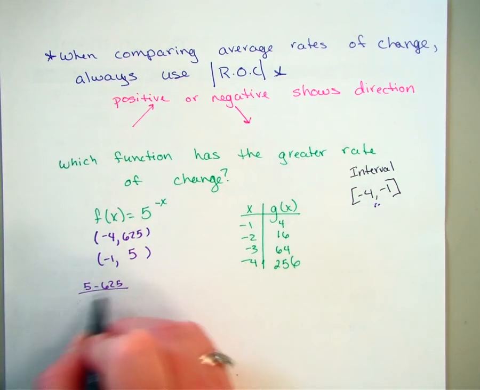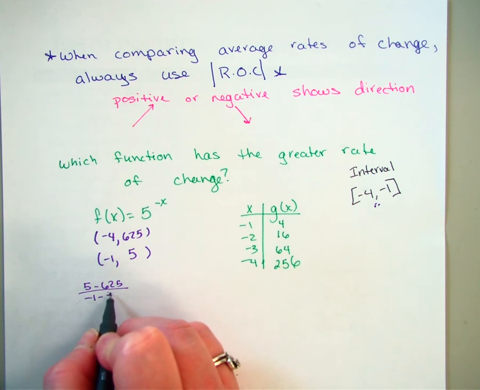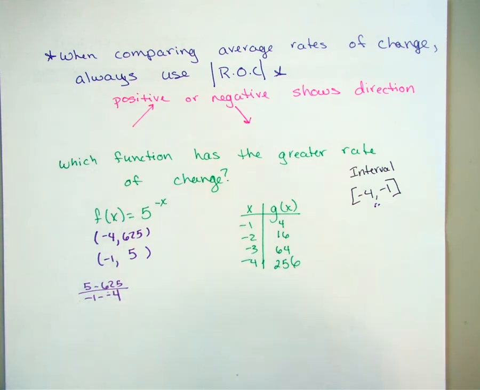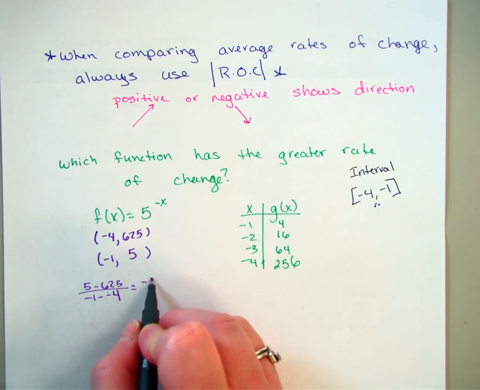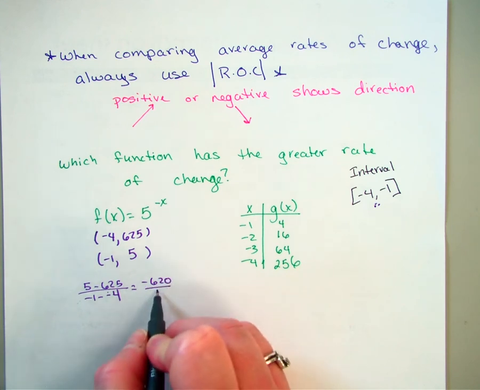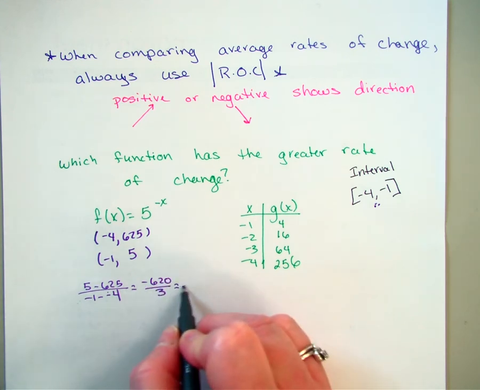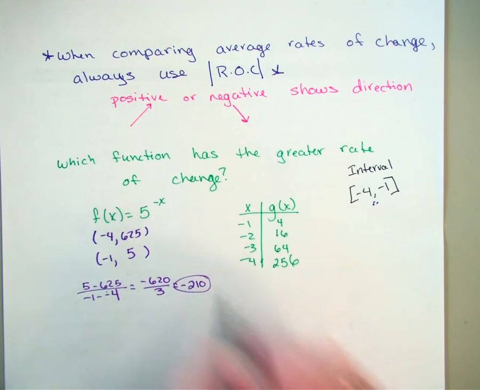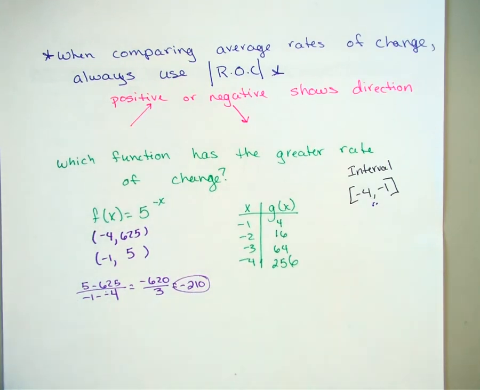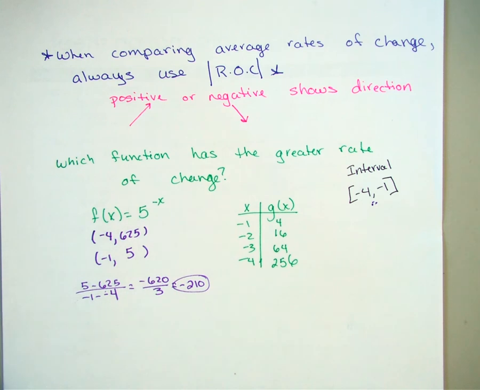So I'm going to do my average rate of change. I'm going to get negative 620 over 3, which is about negative 210. So my average rate of change from negative 4 to negative 1 on this function, my f of x, is negative 210.